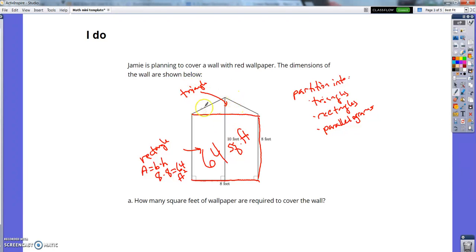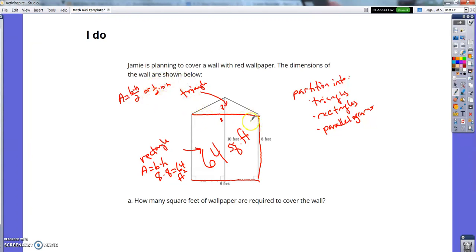And the triangle, let's see. The base is easy to tell, it matches here, so my base is 8. My height I may have to figure out. This is 8 feet, and the height of the whole wall is 10 feet, so that must mean the height of my triangle from bottom to top is 2 feet. Remember, the triangle formula is base times height divided by 2, or 1/2 times base times height, either way.